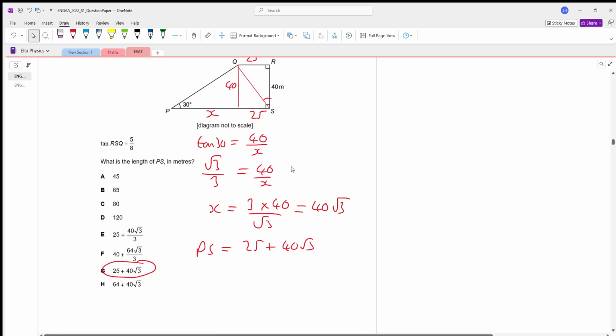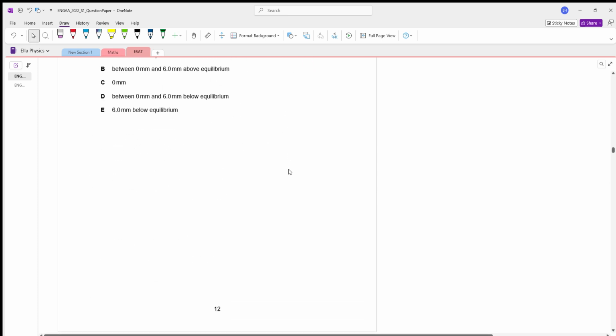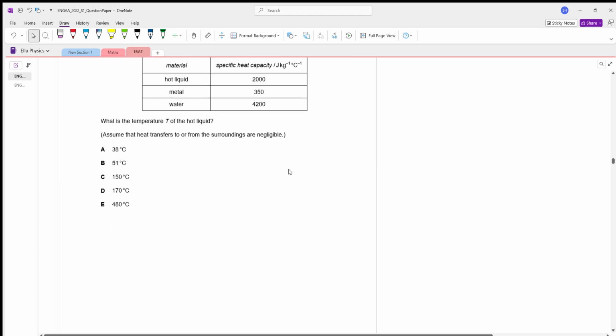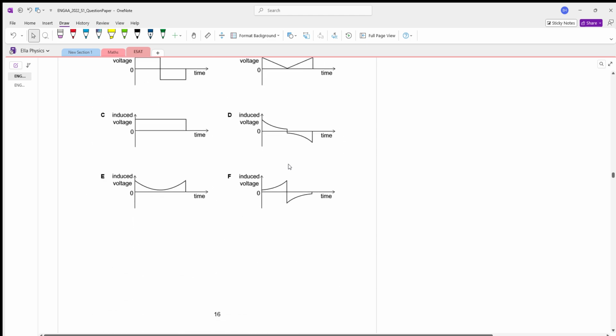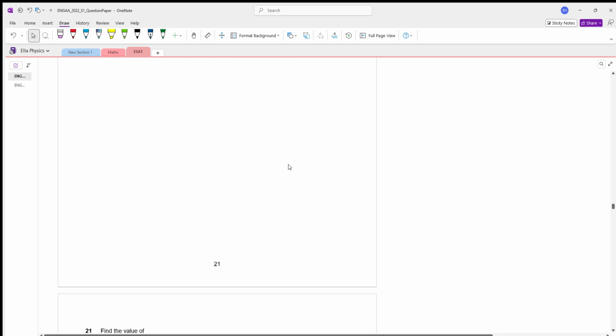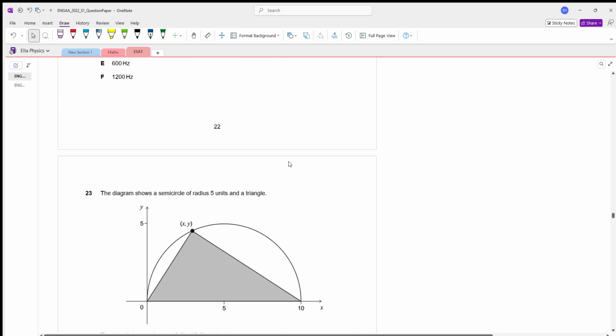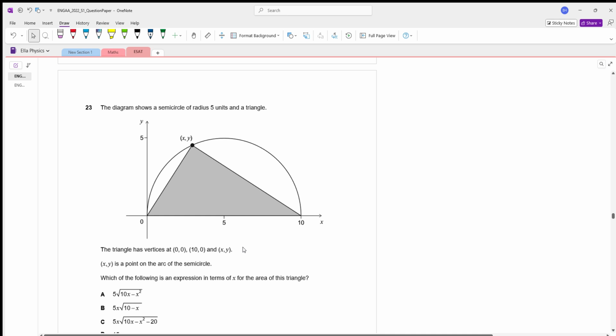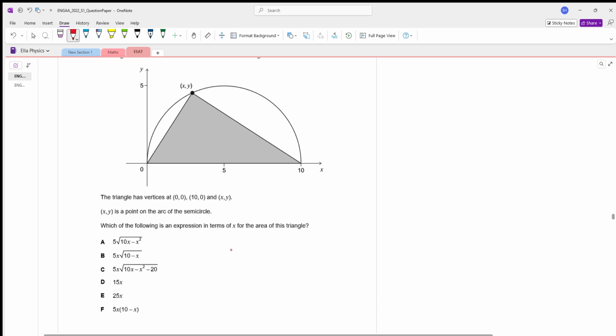Okay, let's go find another geometry question, for some sort of shapes and angles, like the one that was tricky on the other one. Diagram shows a semicircle of radius 5 units and a triangle. The triangle has vertices 0, 0, 10, 0, and x, y, a point on the arc of the semicircle.